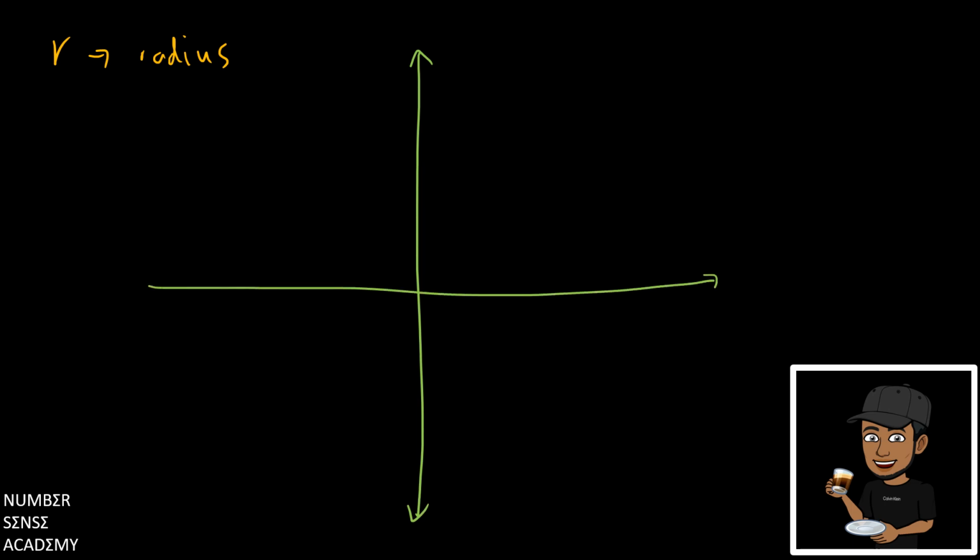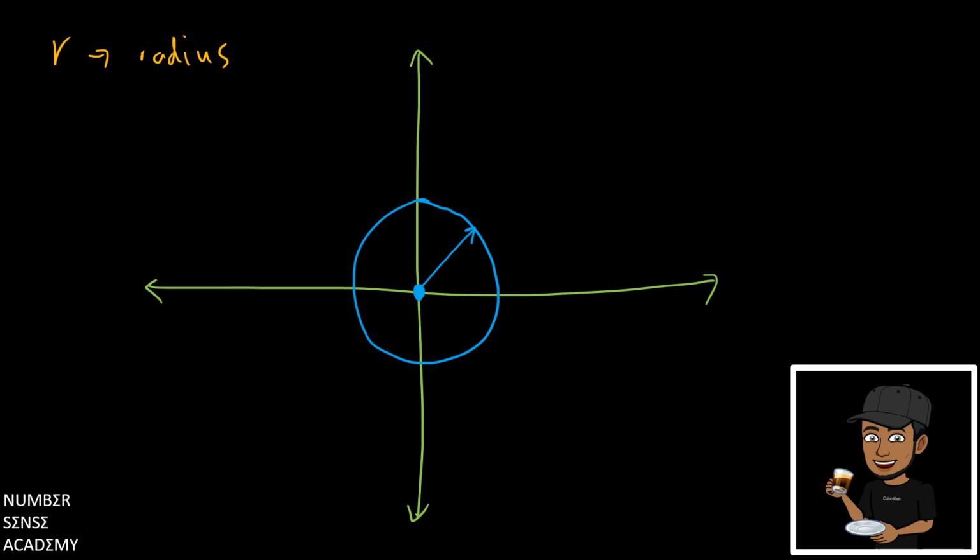Now, where does this r come from? r is the radius. If I have a circle that has its center at the origin, then the radius represents a segment or vector from the origin to the outer edge of the circle.